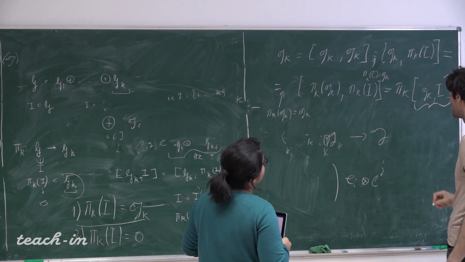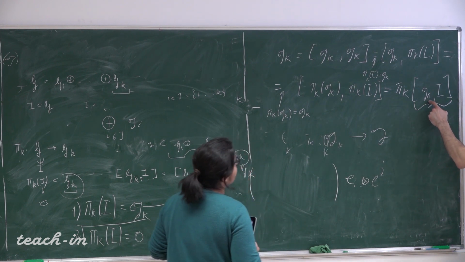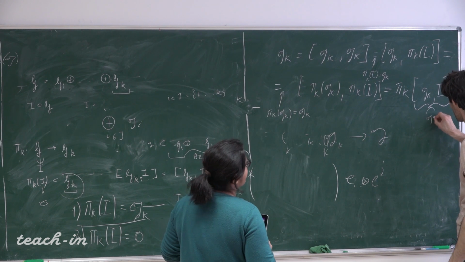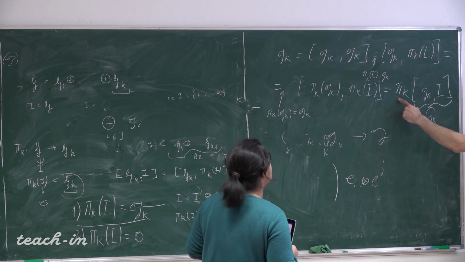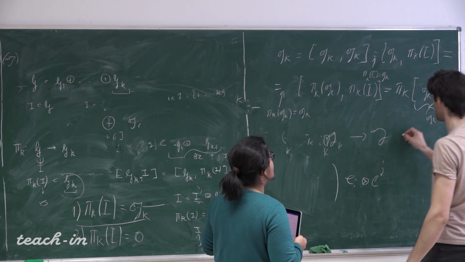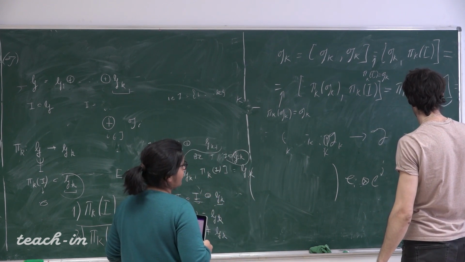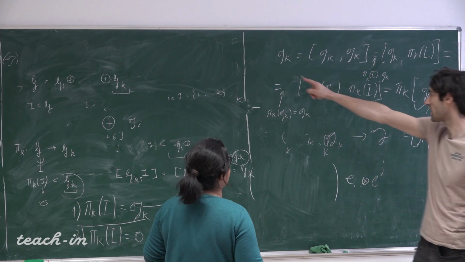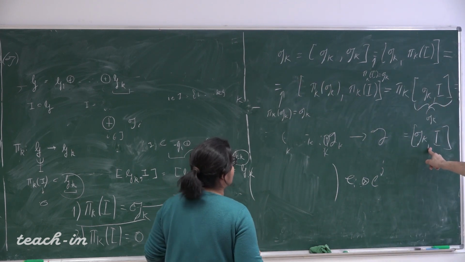But this thing, since gk is an ideal, lives inside gk. And pi k is an identity on gk. So therefore this is this. So gk equals this.